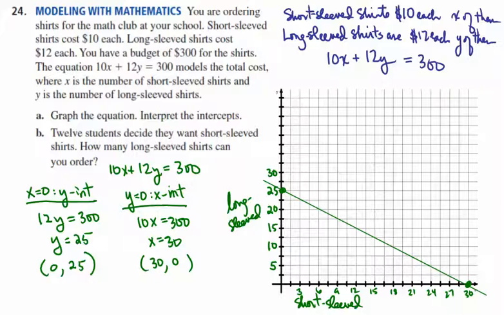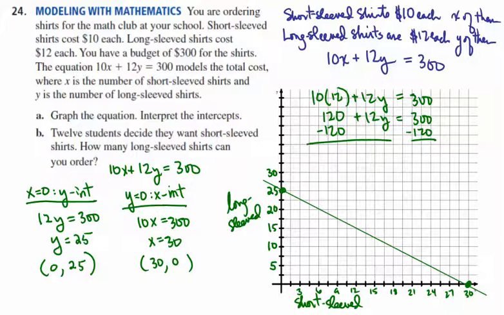So we're going to plug in 12 for short sleeve. So we would have 10 times 12 plus 12y has to equal 300. 10 times 12 is 120 plus 12y is 300. Now you're just using your equation solving skills from chapter 1. 12y is equal to 180.